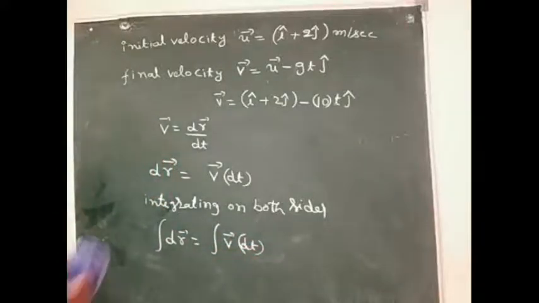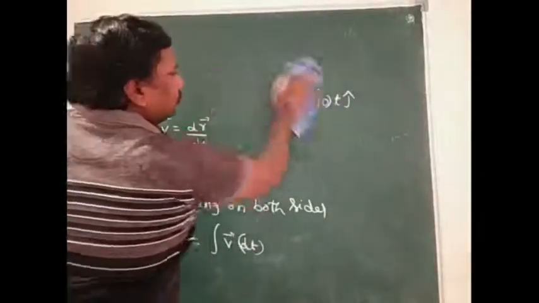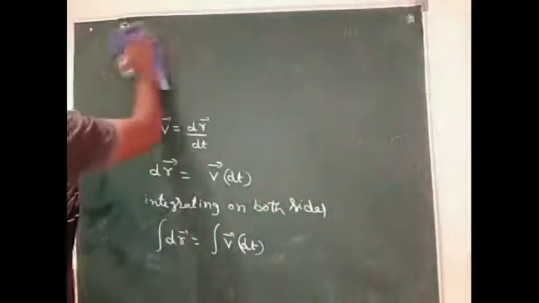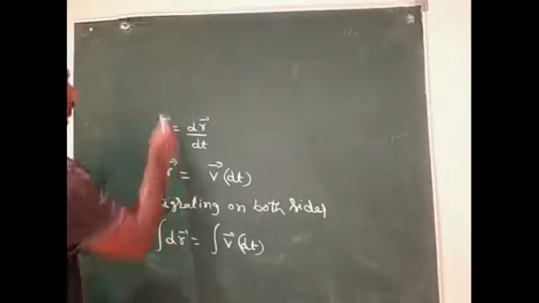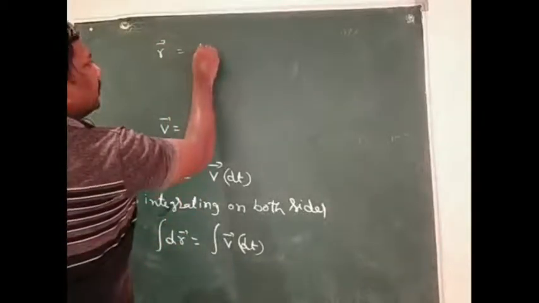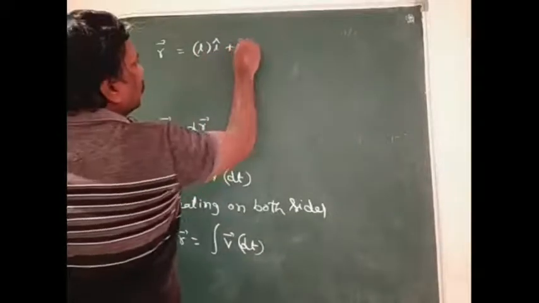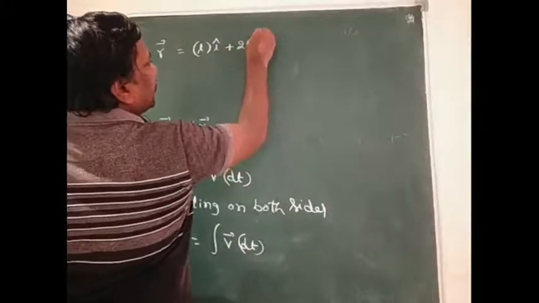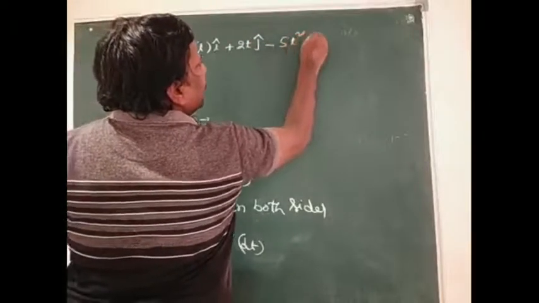So the integral of dr bar is r bar, which is equal to t into i cap plus 2t into j cap minus 5t square j cap.